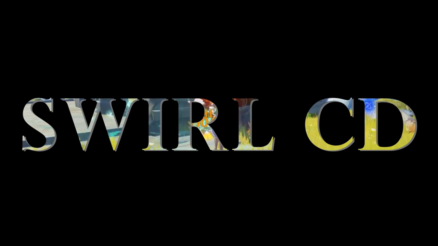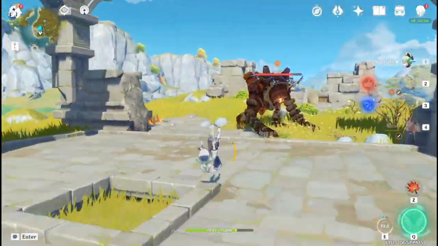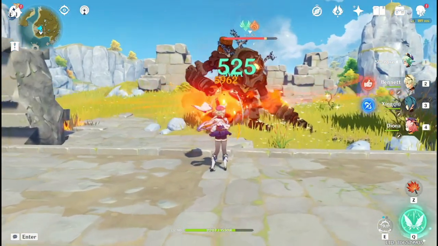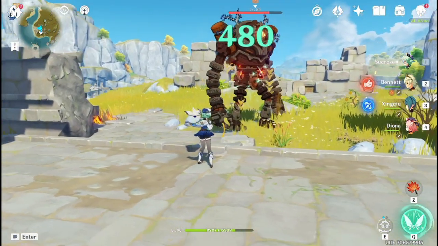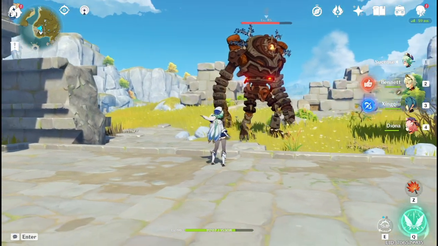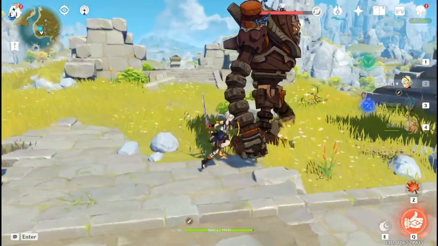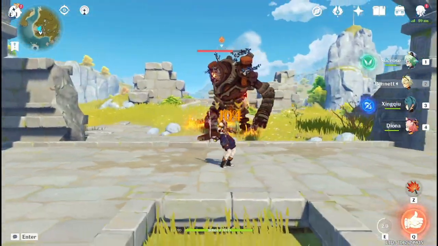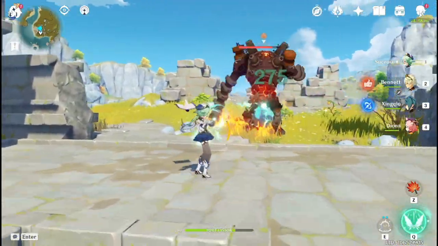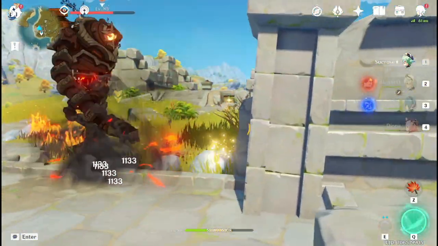The last thing I want to mention in this video: same as all other elemental reactions, the swirl reaction has an internal cooldown, which means if you attack some target with an Anemo attack 2 times in a row, the second attack won't trigger the swirl reaction until this cooldown is over. This cooldown is, I'm not sure, but it's almost around 2 seconds. But this cooldown only applies to swirl from the same elemental source.